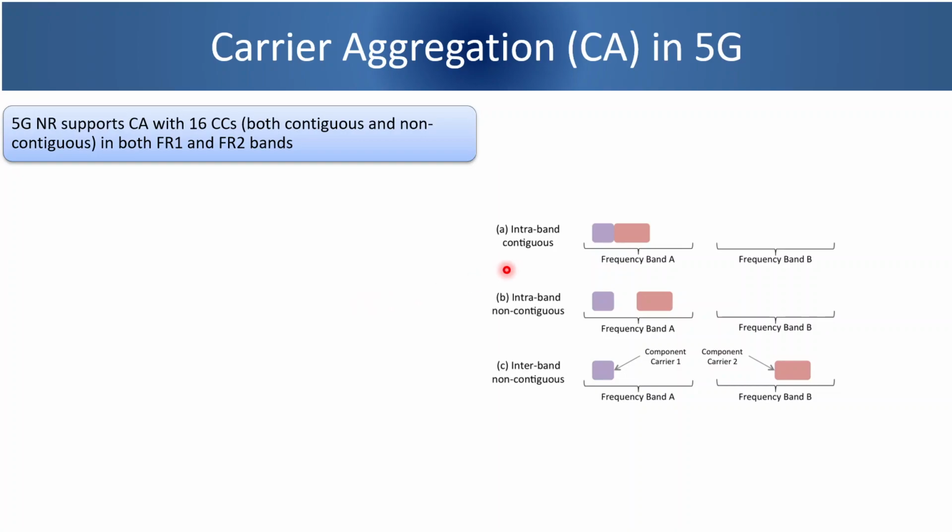And these component carriers can be intra-band contiguous, intra-band non-contiguous, and inter-band non-contiguous. And it is possible that the bands which are in frequency range 1 and also the bands which are in frequency range 2 can be used for carrier aggregation.